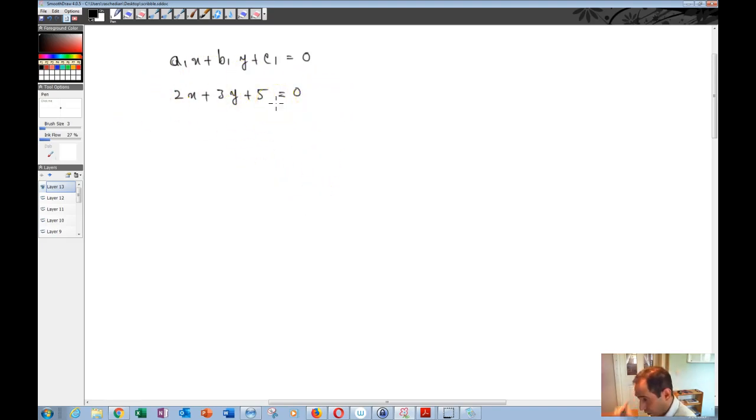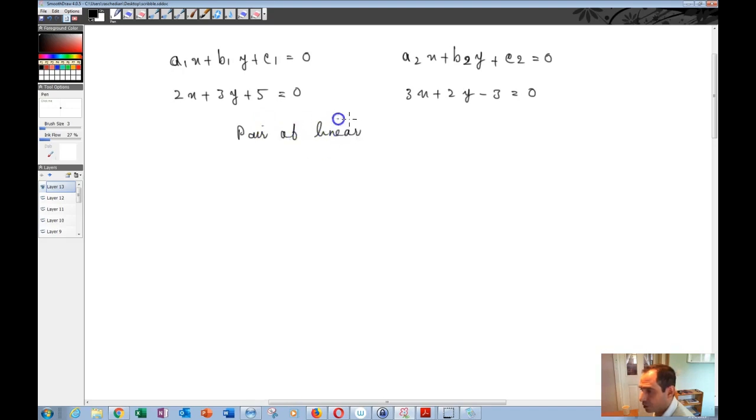And when it comes to a pair of linear equations, you would have a2x plus b2y plus c2 is equal to 0, and then some other line, for example 3x plus 2y minus 3 is equal to 0, and these two together will make a pair of linear equations in two variables.